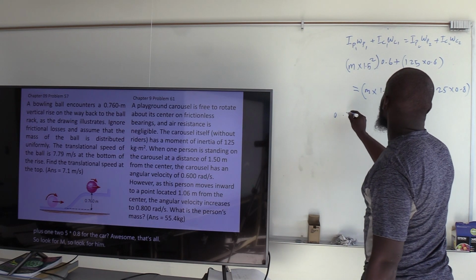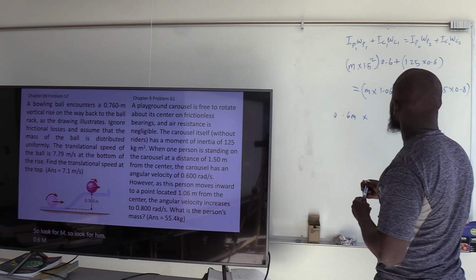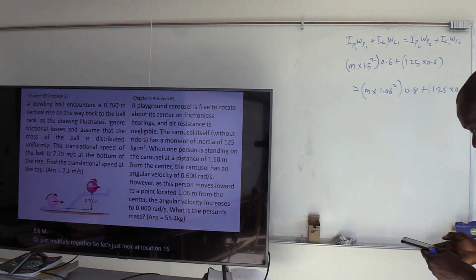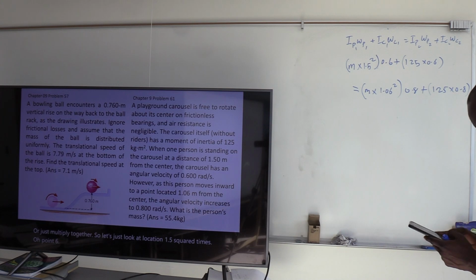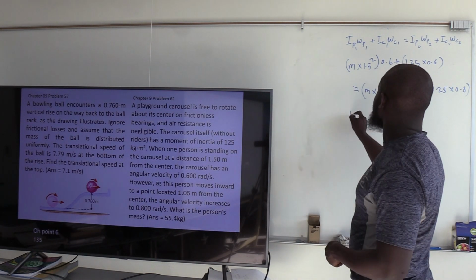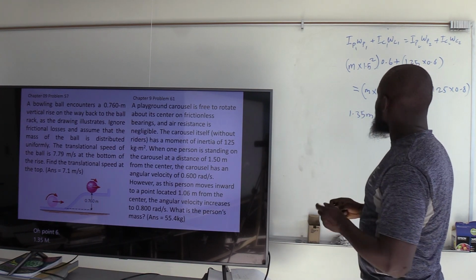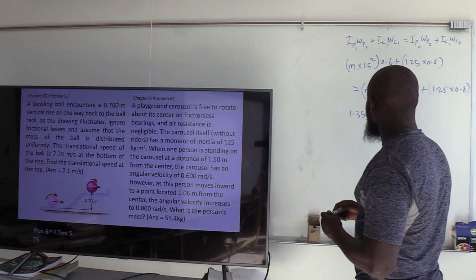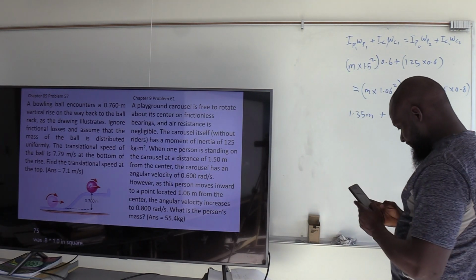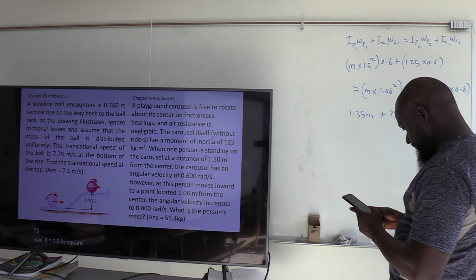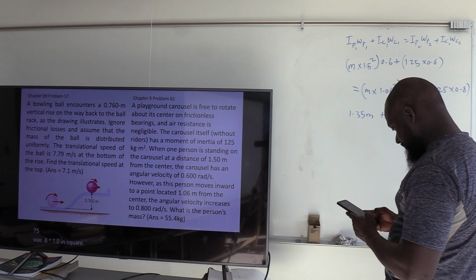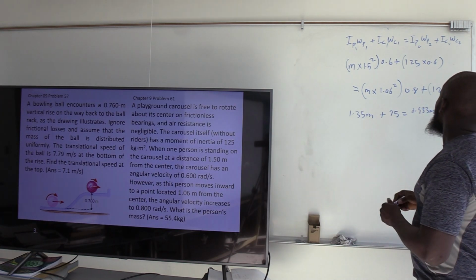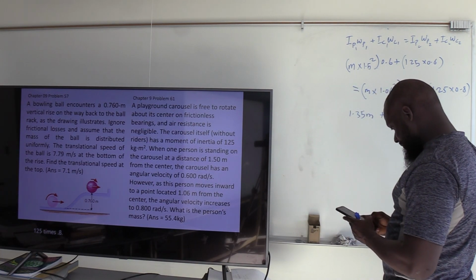So here 0.6 m times, we'll just multiply together. 1.5 squared times 0.6 is 1.35 m, plus 0.6 times 125, 75, equals 0.933 m plus 125 times 0.8, 100.